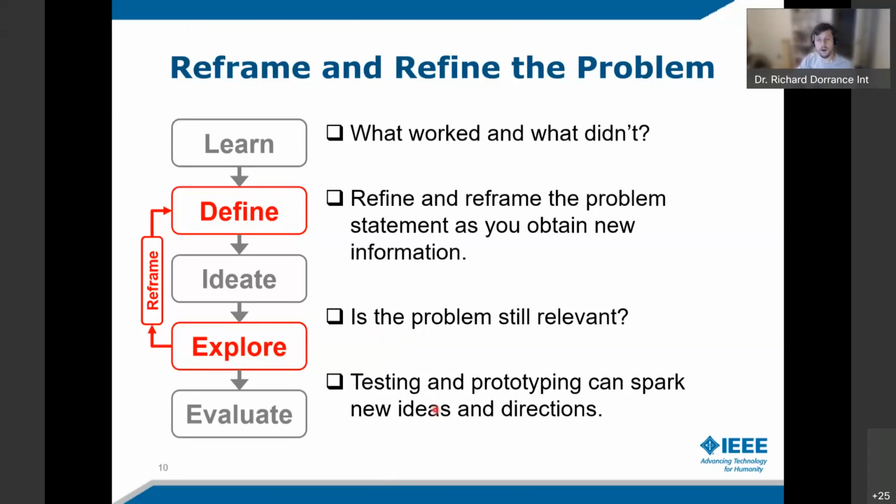And very often when you get into this testing and prototyping phase, it can spark new ideas, new research directions. I've had this before where we're working on one project trying to solve a particular problem, and we test and prototype something out, and it solves the problem or doesn't solve the problem, or it gets stuck.